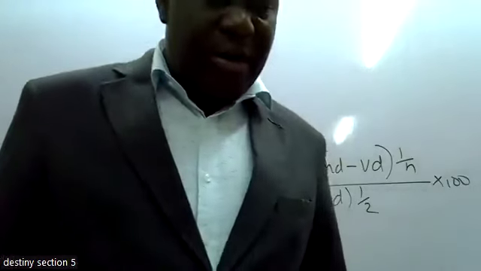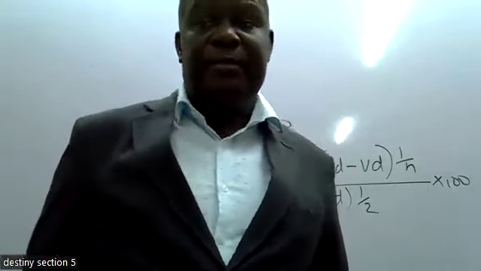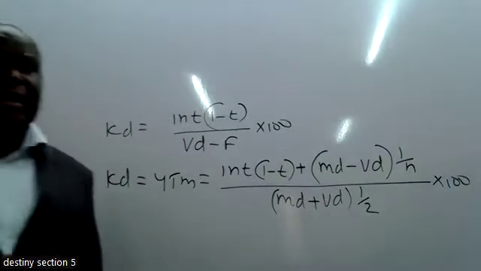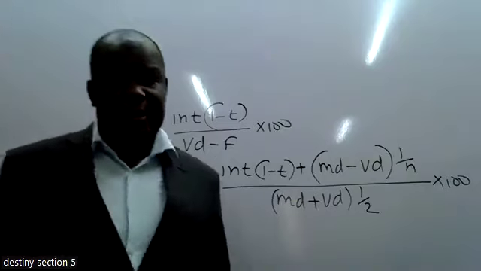So that's how we shall be computing the cost of the debenture, which is redeemable. We have three items there: maturity value, current value, and the maturity period. Then interest is the same.